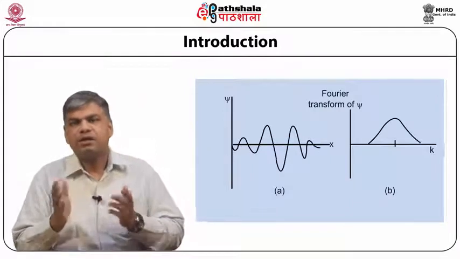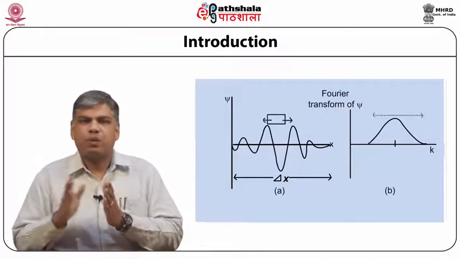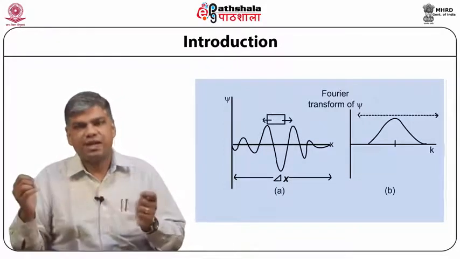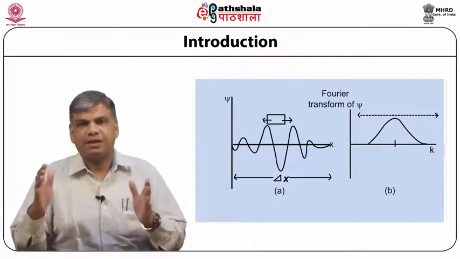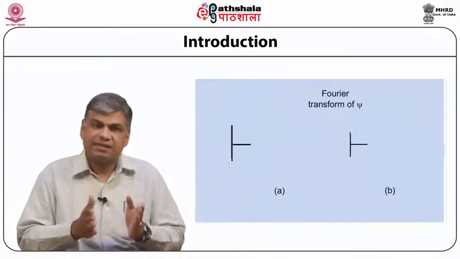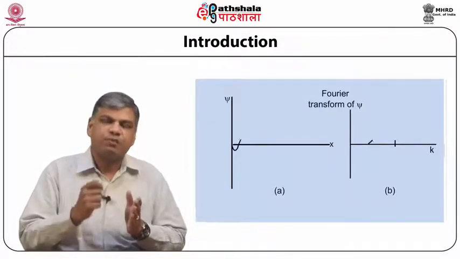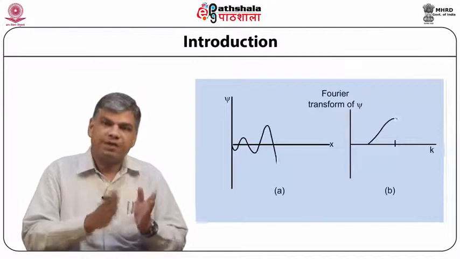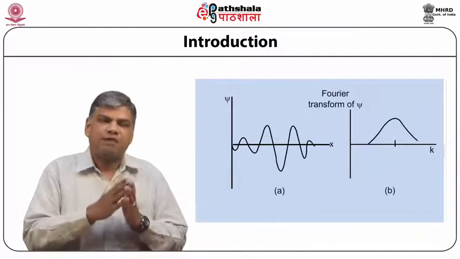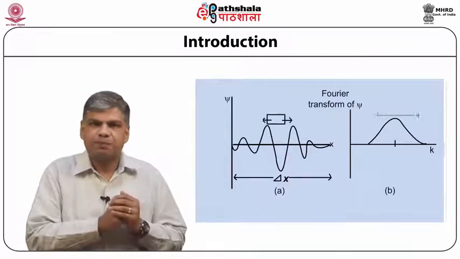But here, the Fourier transform in the k space will give us a very large delta k. That means that delta k will be spread quite large, and as a result, the determination of the momentum because of the delta k will become very difficult, and you will have a wide range of values which would occur in the momentum.